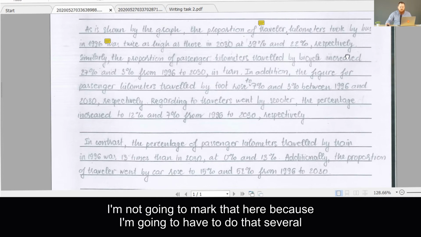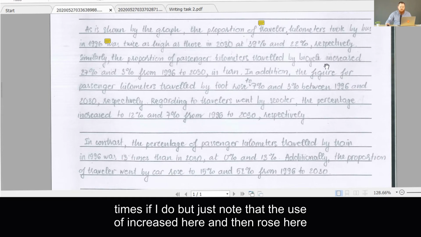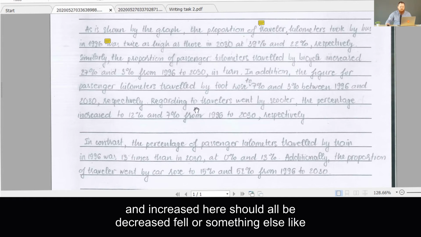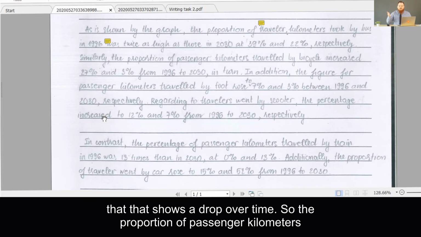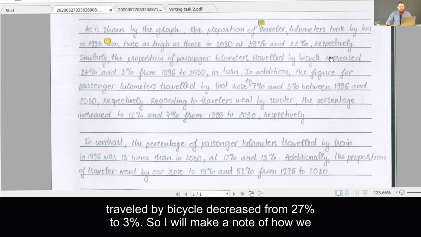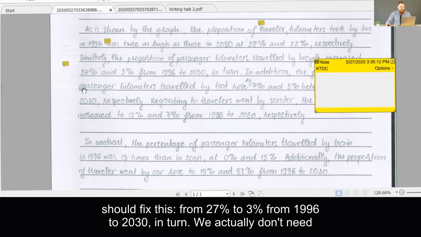I'm not going to mark that here because I'm going to have to do that several times if I do, but just note that the use of increased here and then rose here and increased here should all be decreased, fell, or something else like that that shows a drop over time. So the proportion of passenger kilometers traveled by bicycle decreased from 27% to 3%. So I will make a note of how we should fix this.